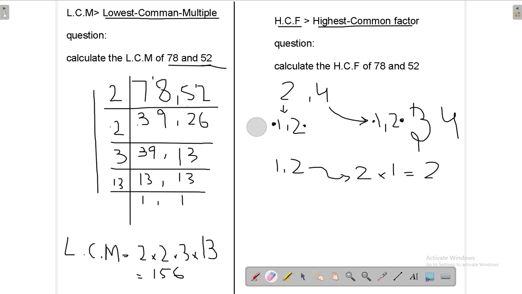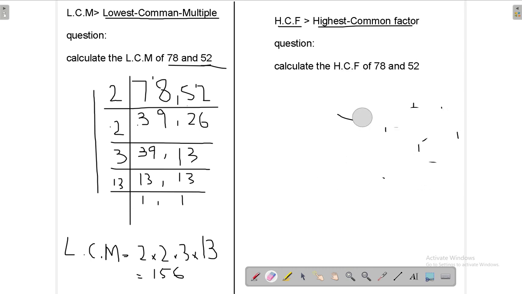Now I'm going to show you how to calculate the HCF of these two numbers, which are 78 and 52. To calculate their factors, we're just going to go with the same method, but in a different way. We're just going to do them separately. So first off we're going to go with 78, which is 2 into 3, which is 6.